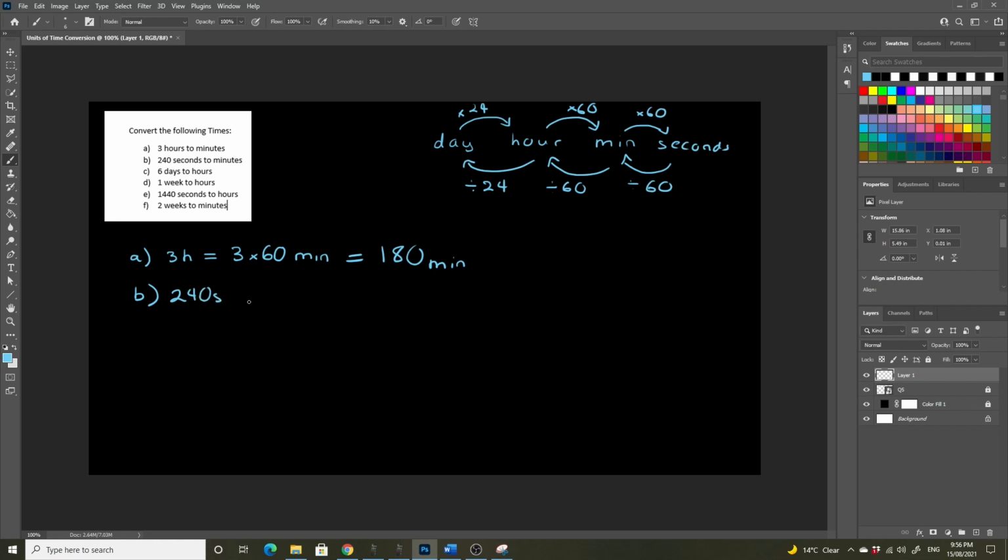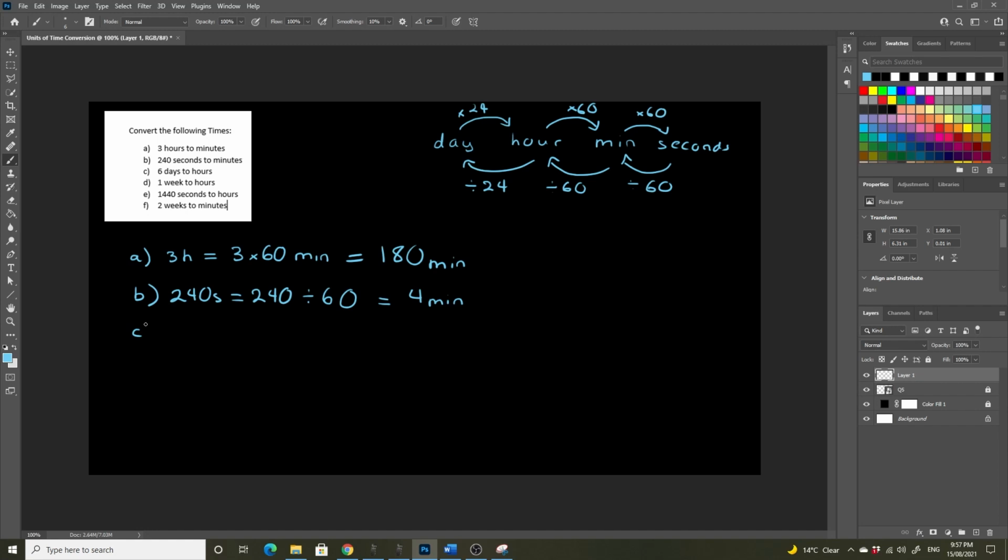Well, if we're going to minutes, then we're dividing, because we're going from a smaller unit to a larger unit. So 240 seconds is equal to 240 divided by 60, which equals 4 minutes.